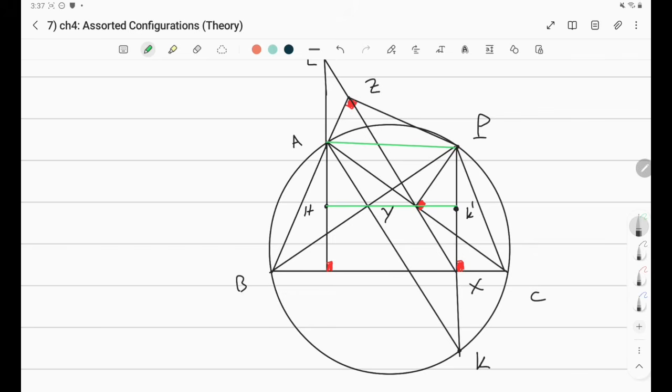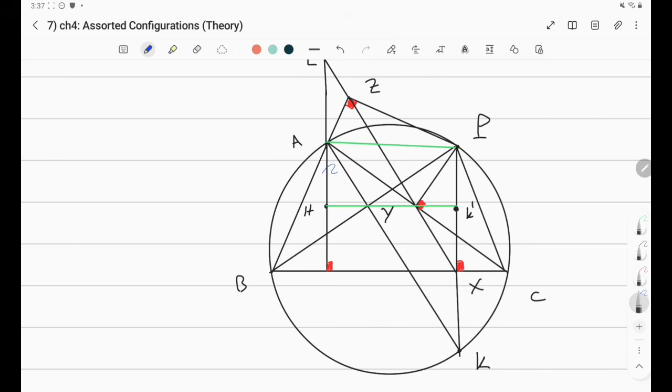It's just another parallelogram. And of course, the reason is you already have these two are parallel. So how can we show it's a parallelogram? Well, we have two ideas, either to show that these two are parallel as well, or we can show that these two are equal. AH equals PK'.